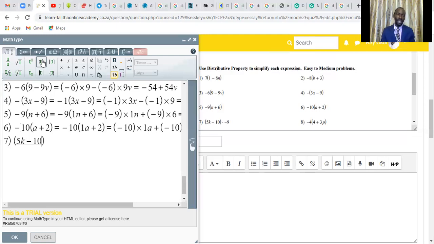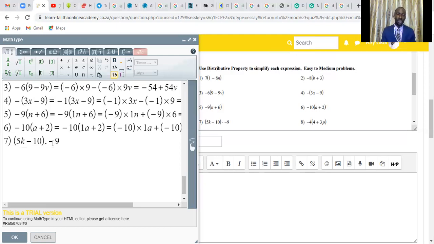Now this is being multiplied with -9. Okay, let's use this sign here, times -9. We could have used a dot. It's also fine.